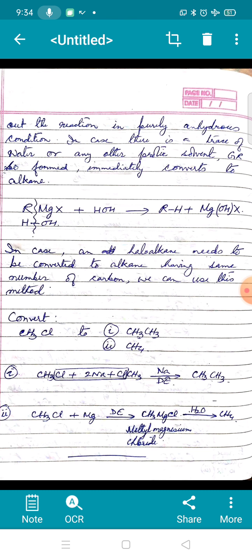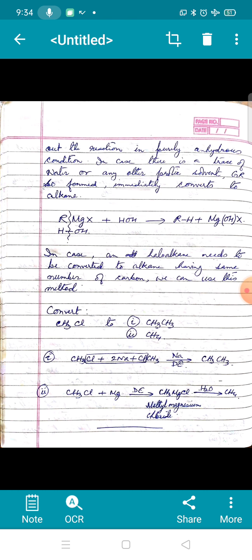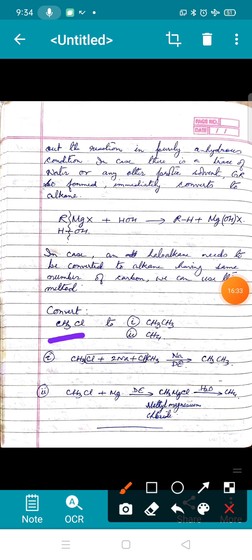Now there may be questions asked, how do you convert chloromethane to ethane, or chloromethane to methane? You note here, both are alkanes. The starting material is haloalkane, but the products are both alkanes. But in what way are they different?